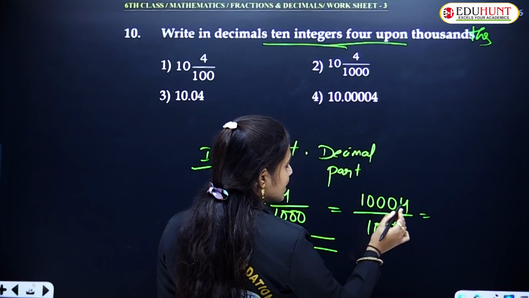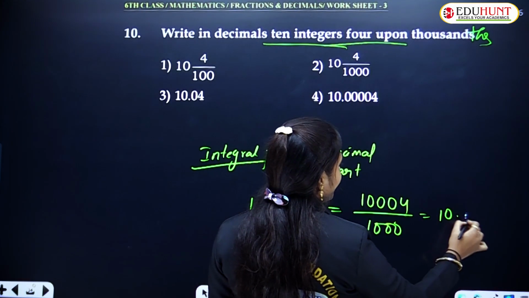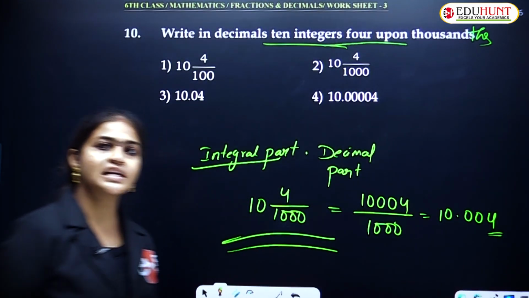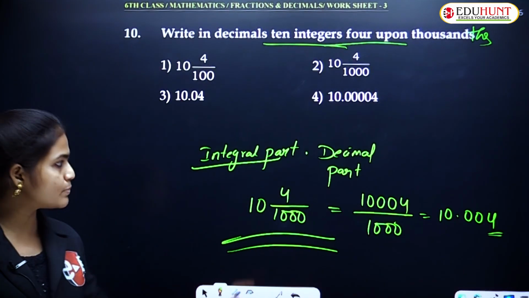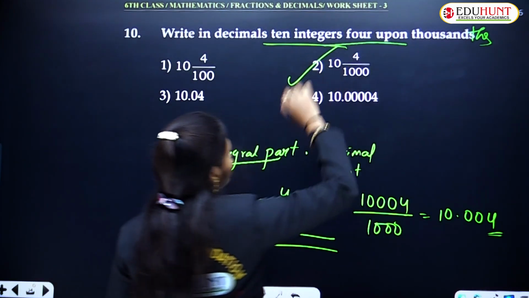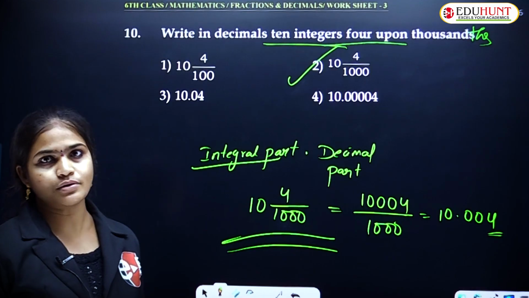After how many places will the point come? 1, 2, 3. So 10.004. Here, is 4 in the thousandth place or not? That's what they are saying. As per this, which option is correct? 10 and 4 by 1000.